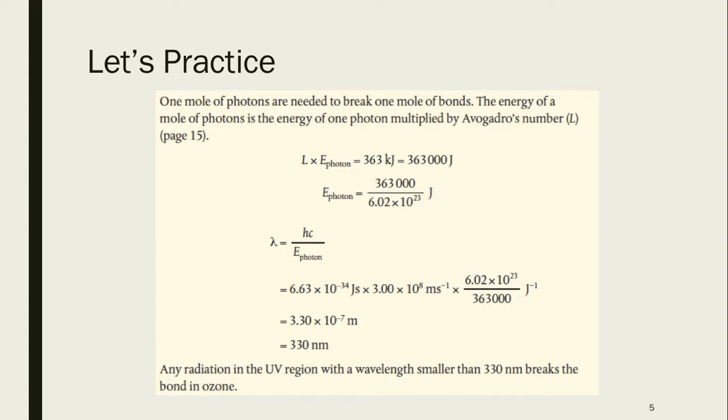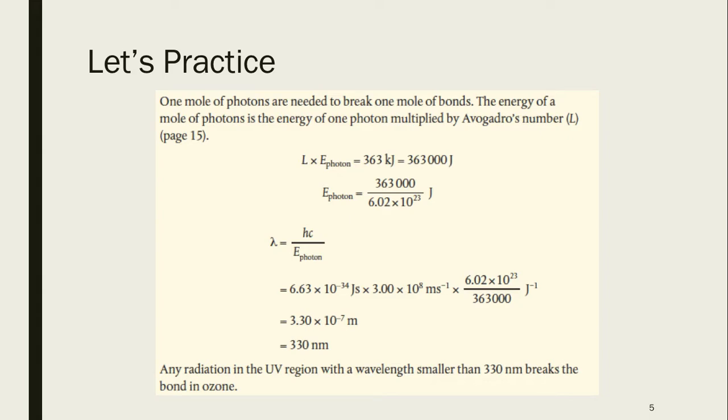So you can see that in the first line, L, which is Avogadro's number, times the energy of a photon. The energy we're given is 363 kilojoules, so we can convert that to joules by multiplying by 1,000. In order to get the energy of one photon, we're going to divide by Avogadro's number.